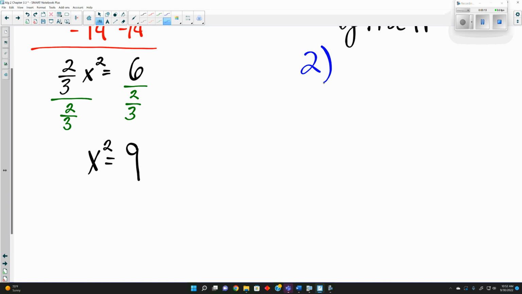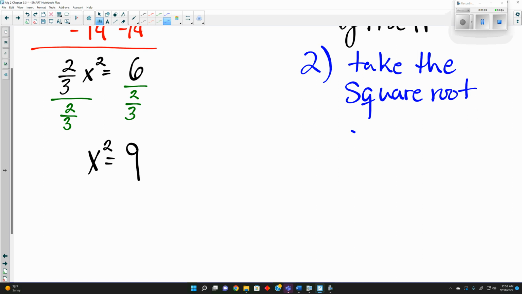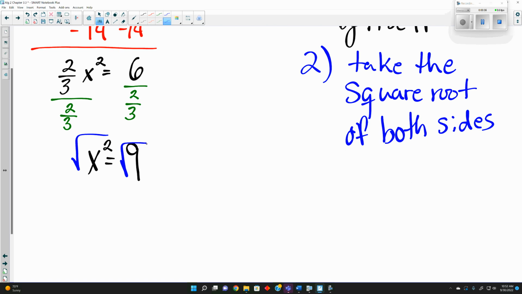Once we get x squared by itself, we take the square root of both sides. So when we square root both sides, the square root of x squared becomes x equals.